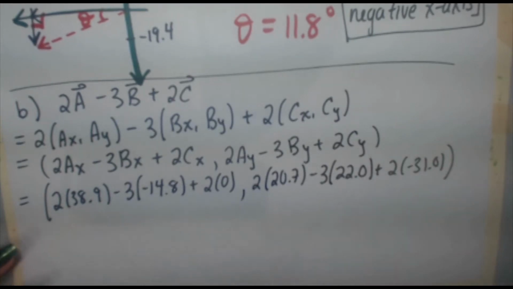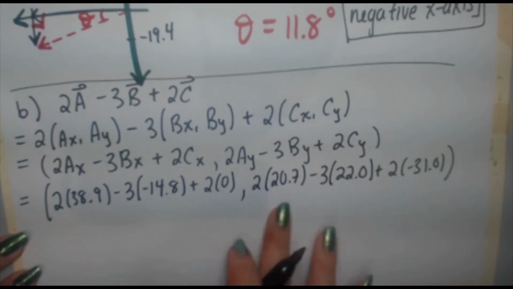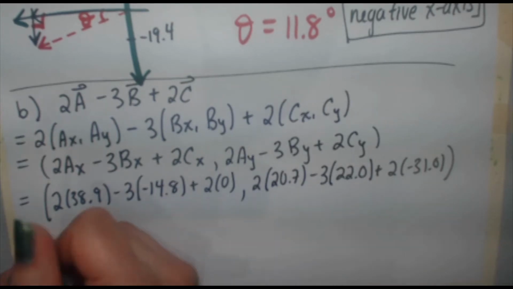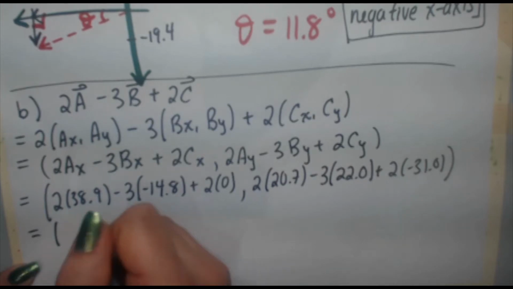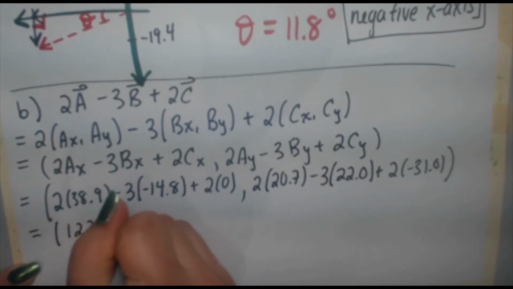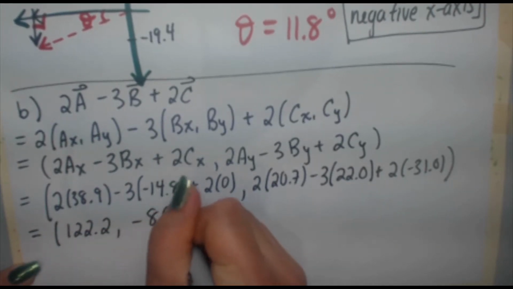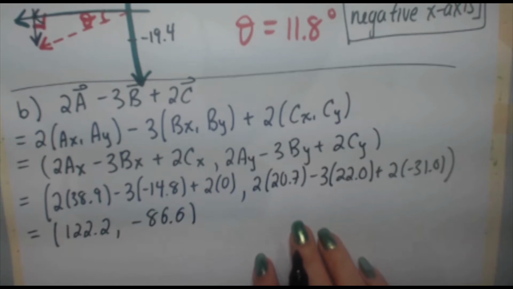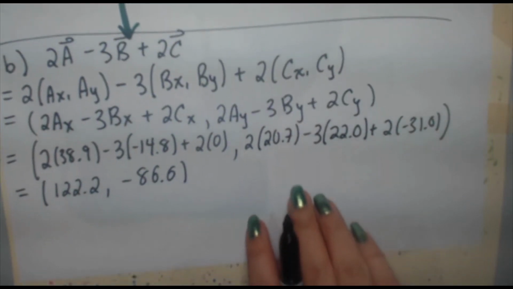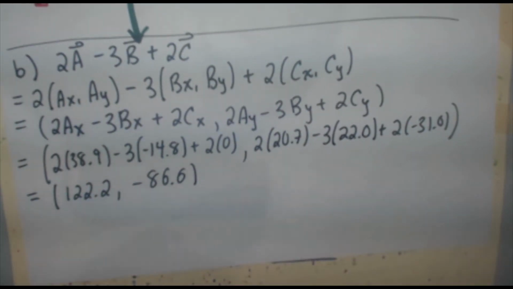Close that bracket off. Okay, simply a math problem at this point. Plug it into your calculator. For your x, you are going to get 122.2. For your y, negative 86.6. So there we have our vector, and just like the previous problem, our next stage is to find the magnitude. Okay, so let's do that.